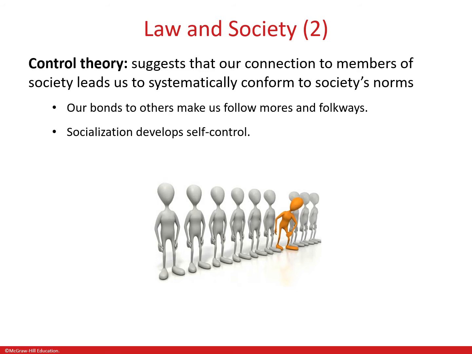So we conform and obey those agents of socialization. Our bonds to others make us more willing to follow the mores and folkways. So our socialization develops our self-control. It starts and grows over our lifetime, over the life course.